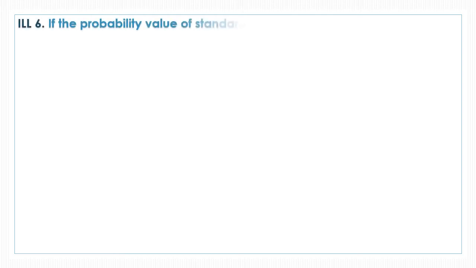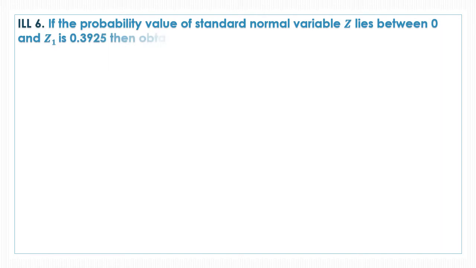Illustration 6: if the probability of the standard normal variable Z lying between 0 and Z1 is 0.3925, then obtain the possible values of the Z score. That means the probability is already given and we need to calculate the possible values of Z1.